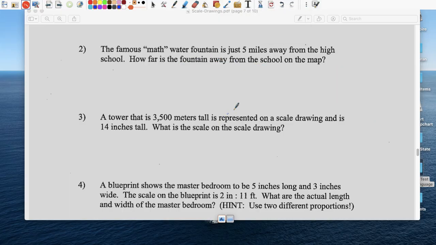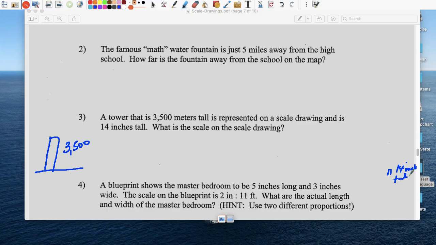3. Here, imagine a drawing, right? In real life, this tower is 3,500 meters. In the drawing in our notebook, we made a little tower, and that's 14 inches tall.